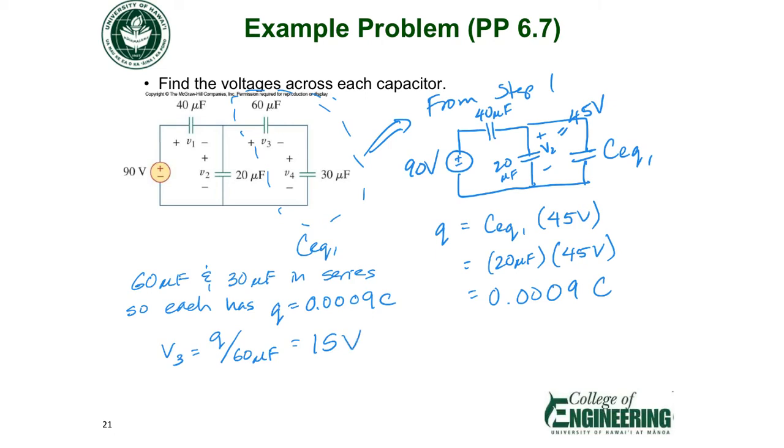That's 15 volts. To find V4, that's the same charge divided by a different capacitance. That gives 30 volts.